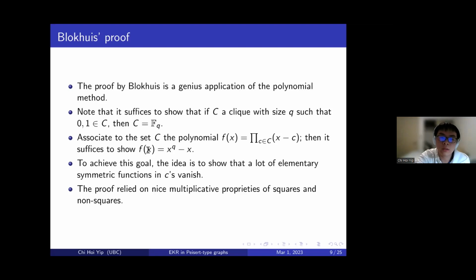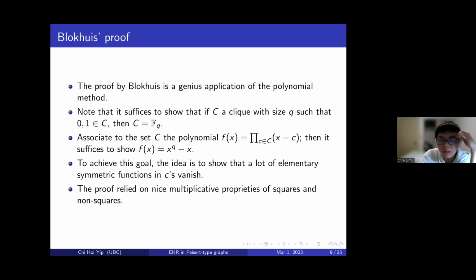So if we can show that f(x) must be given by x to the Q minus x, then this also implies that C is equal to FQ. Basically this is a degree Q polynomial, and we want to show that it is equal to x to the Q minus x. So we must show that all the intermediate coefficients are 0.